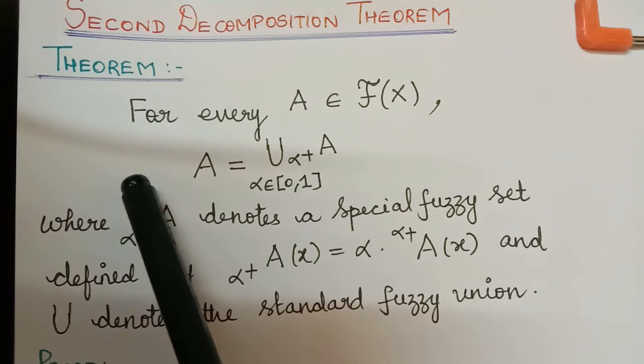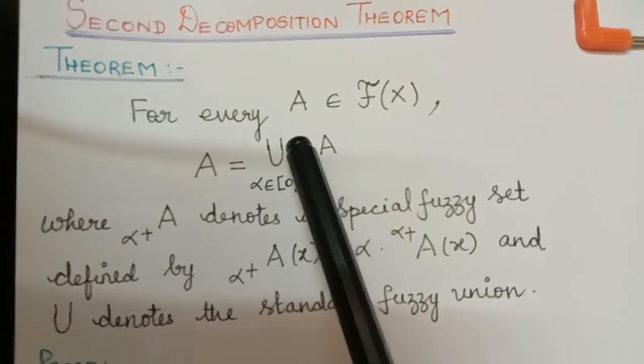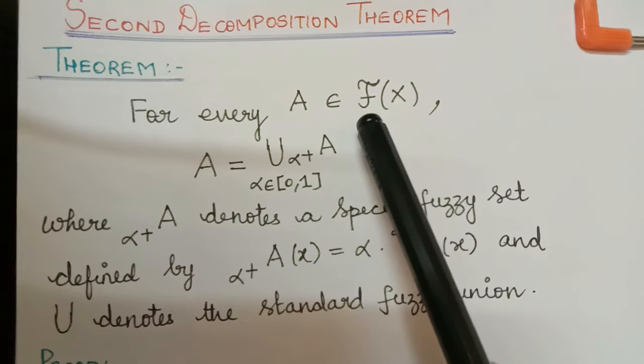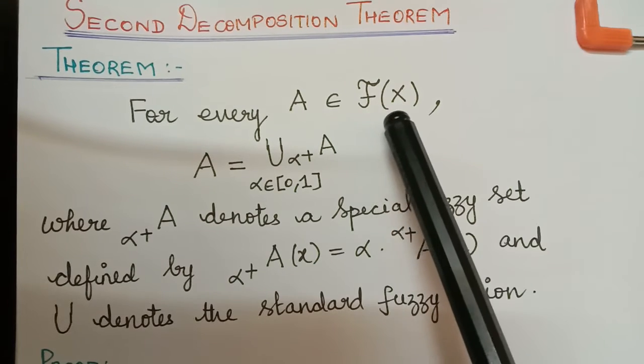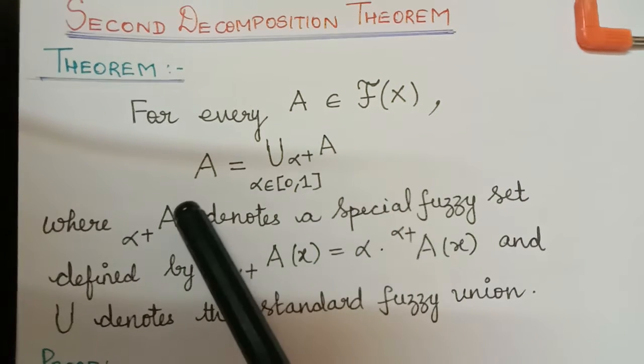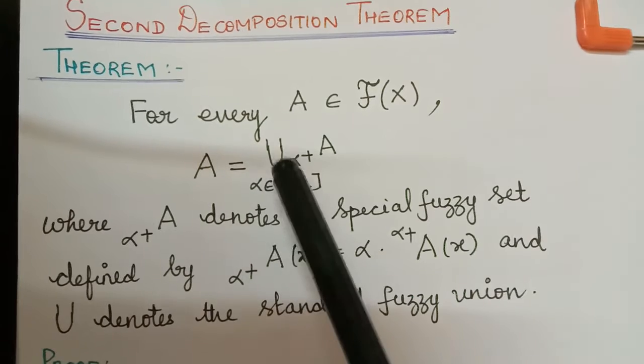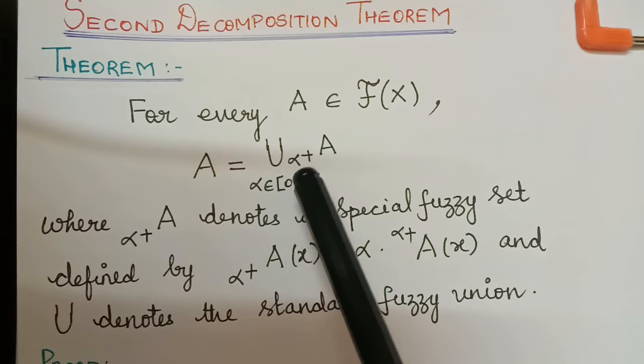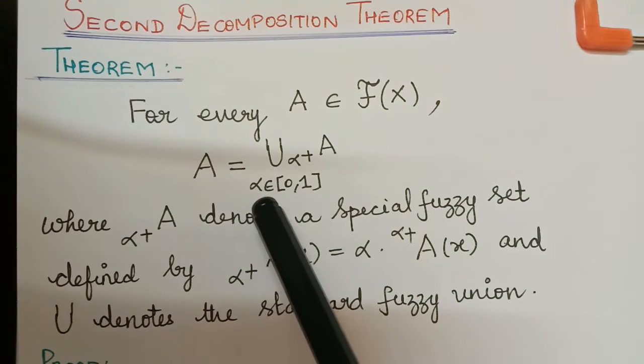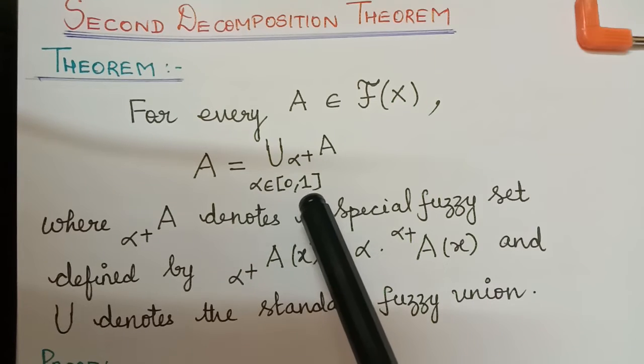The theorem states that for every fuzzy set A, an element of the set of all fuzzy sets under the universal set X, A is equal to the union of the special fuzzy sets, for alpha an element of the closed interval [0, 1].